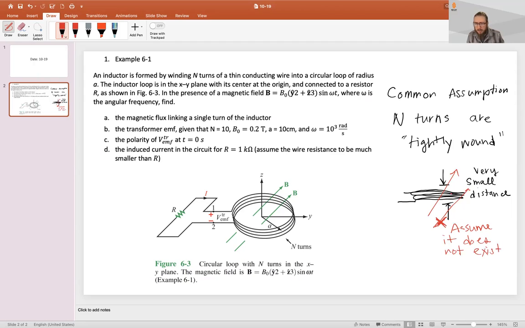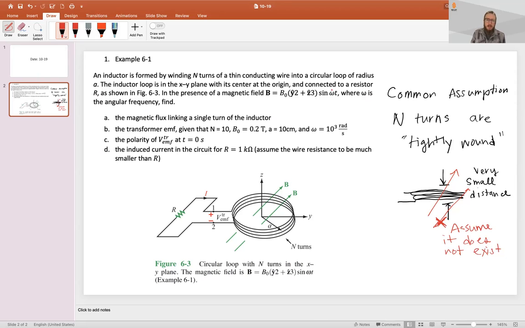So we're assuming that the windings are so tight that all of the field goes through the entire stack of windings, and that we don't have any field that's just partially impinging on the winding. That's the reason for this. It simplifies a lot of the work.